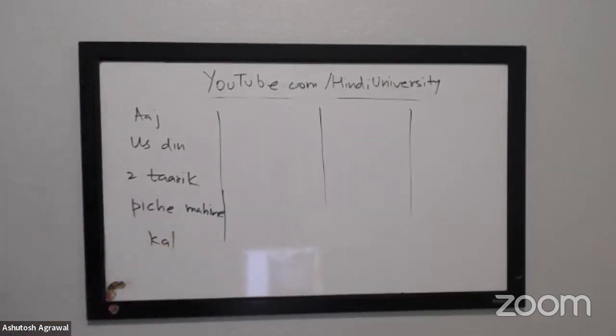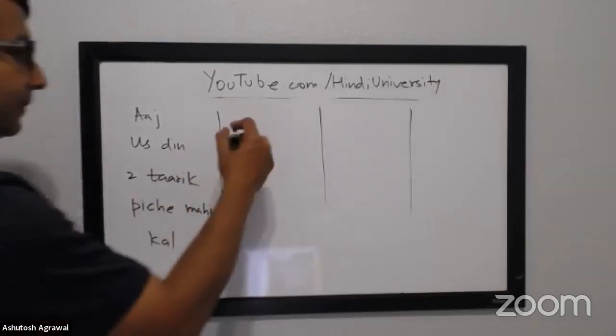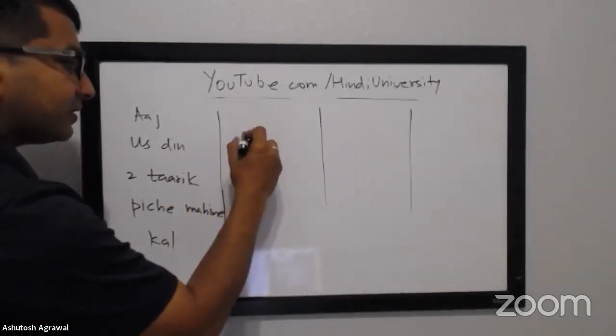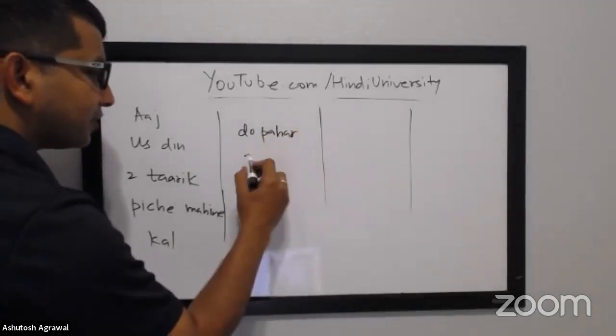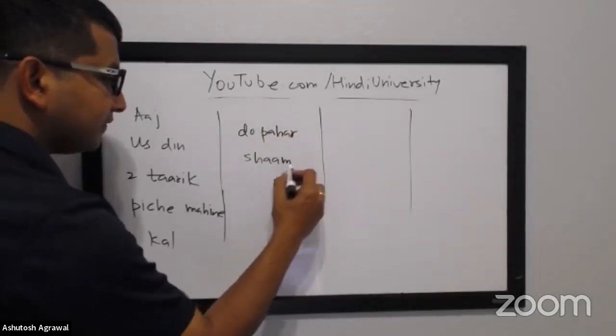Hopefully all of you by now know the meaning of everything. आज, उस दिन, 2 तारीख, पिछले महीने और कल. I have some more words here, which are the 3 keywords I told you: दोपहर, which is afternoon, शाम, which is evening, and रात.